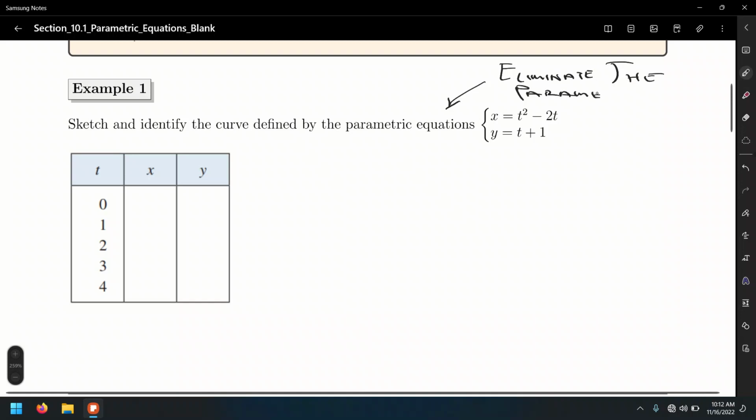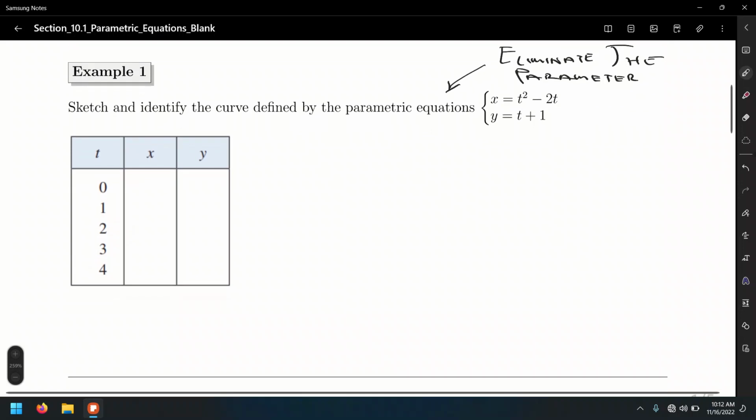All right, so we're going to eliminate the parameter to identify what graph this is, because at first glance, it's not that obvious what it really is, but we can get an idea after we look at some of this of what we are really graphing here.